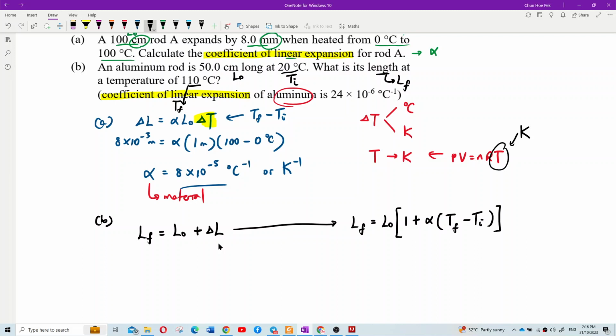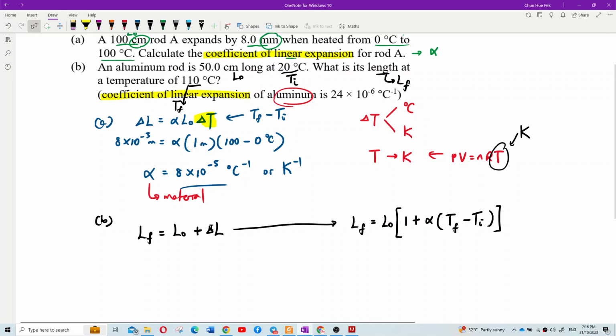Do you still remember this formula? If you don't, check your notes or my previous video. We can find the final length using this formula, just put in the initial length, alpha, T final, and T initial.